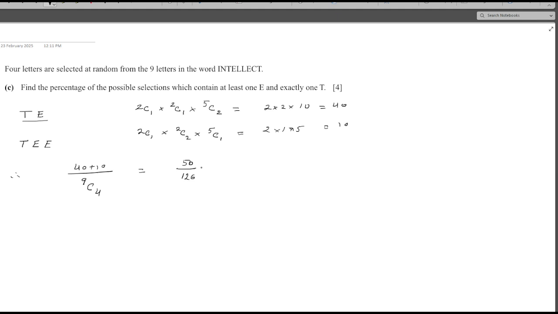So 50 divided by 126 is 0.3968, which is 39.7 percent.